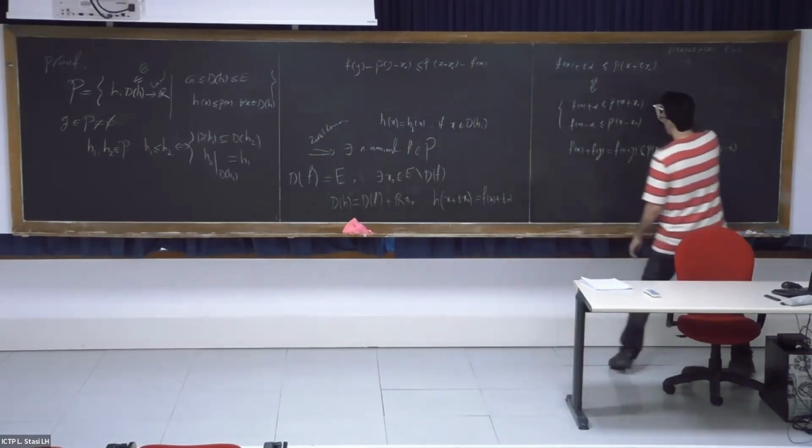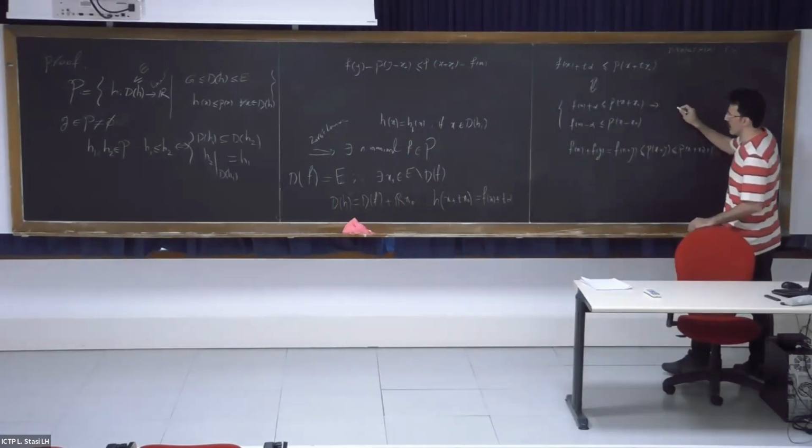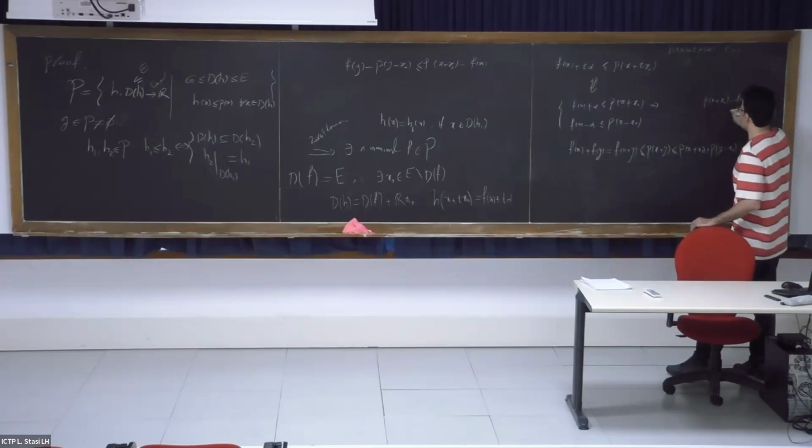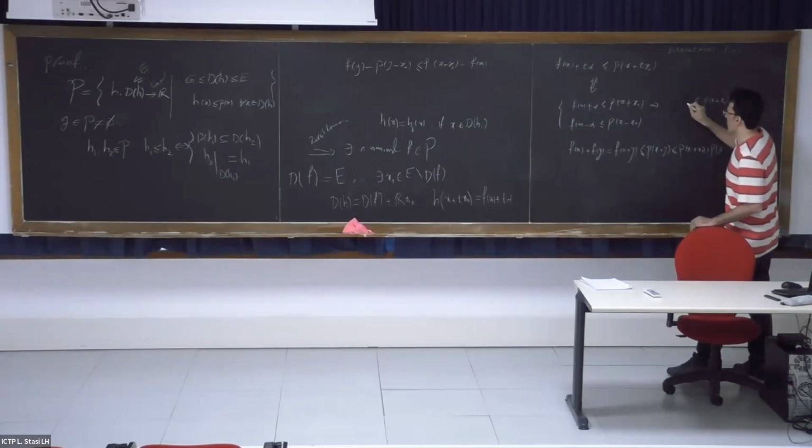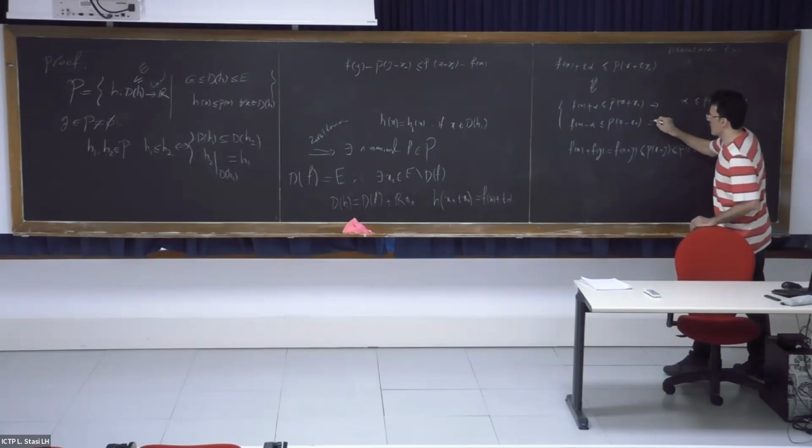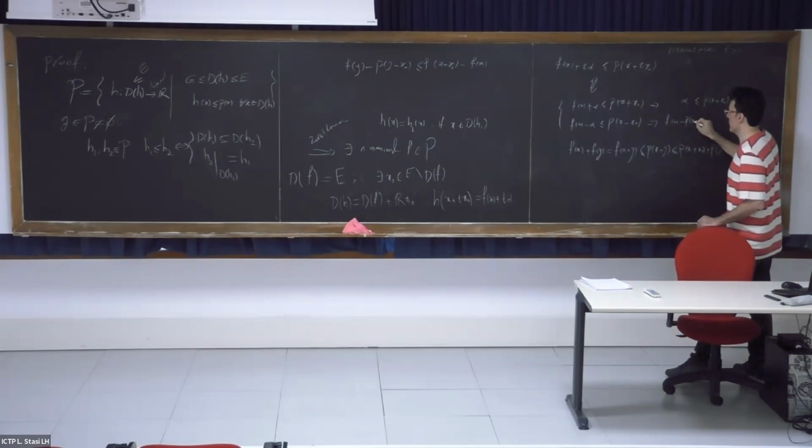We note that this one implies that p of x plus x0 minus f of x is greater than alpha, and this one implies that f of x minus p of x minus x0 is less than alpha.